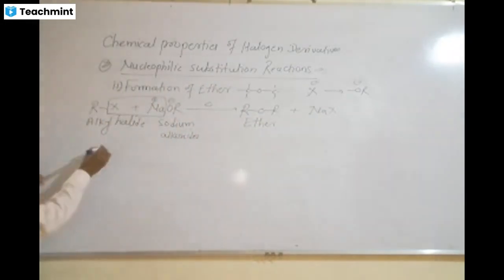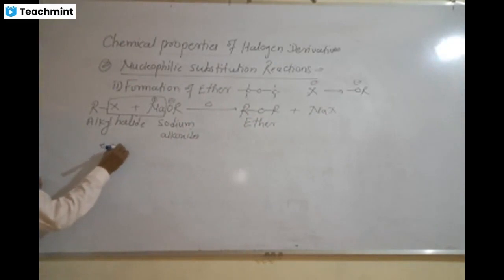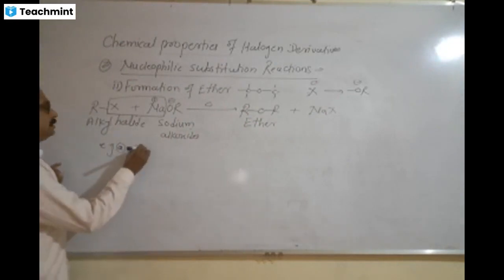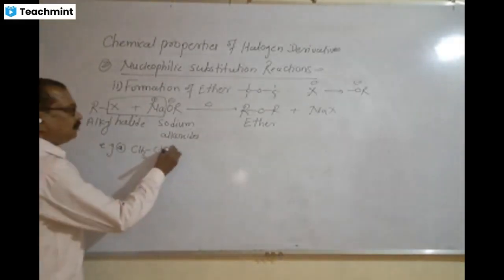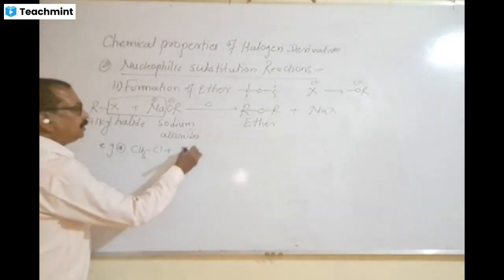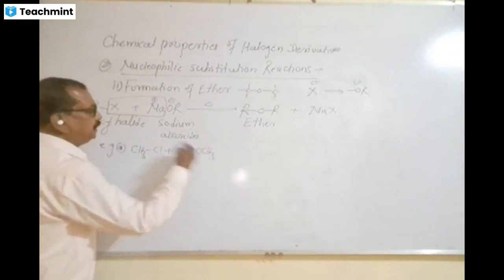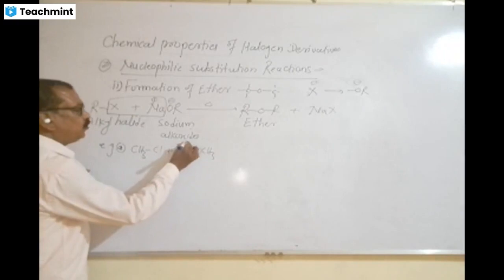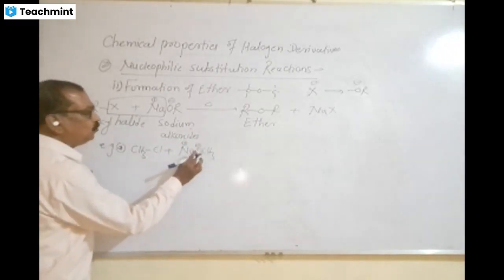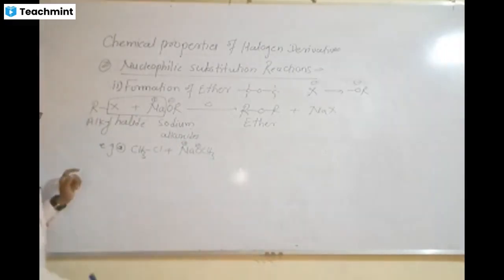For example, number 1, when CH3Cl is treated with NaOCH3, in this NaOCH3 sodium is positively charged and the remaining OCH3 group is negatively charged.